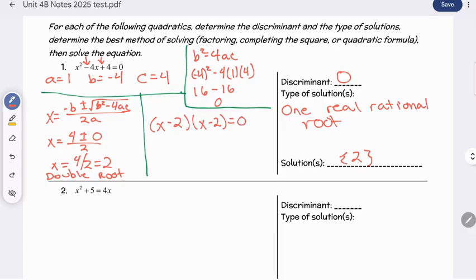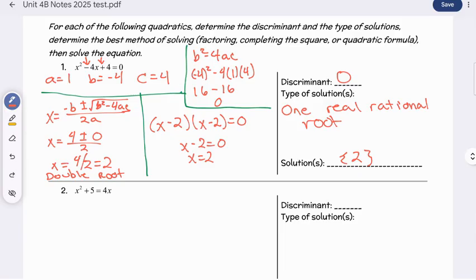Right, and again, this is the reason why we call it a double root. These things are going to work out as you see more and more of them. Right? In either case, this means that x minus 2 is equal to 0, or x is equal to 2. So no matter which way we do it, we're going to come up with the same solution.